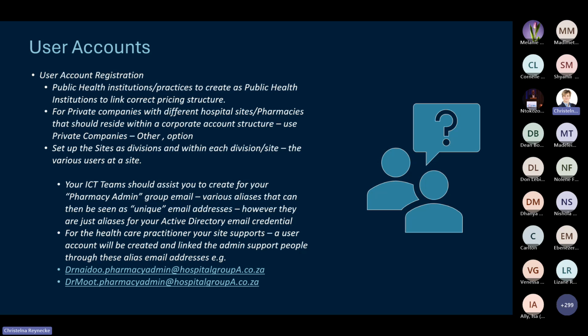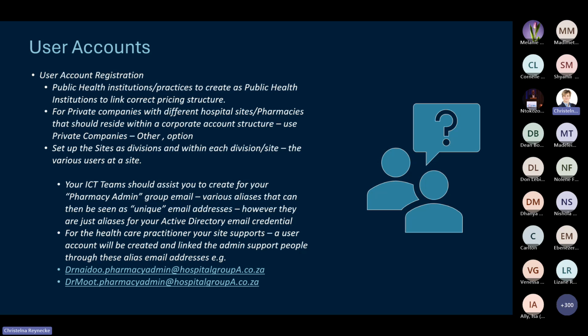I saw last night 3 or 4 entities that are public healthcare institutions that have not linked themselves to a public health institution practice or clinic. And as a result, we've got an incorrect pricing structure that's now pulling through and creating a blockage for that order to move through to the Section 21 review.